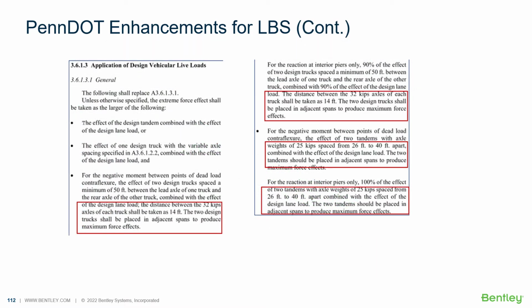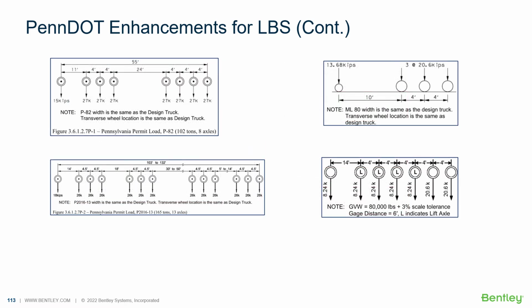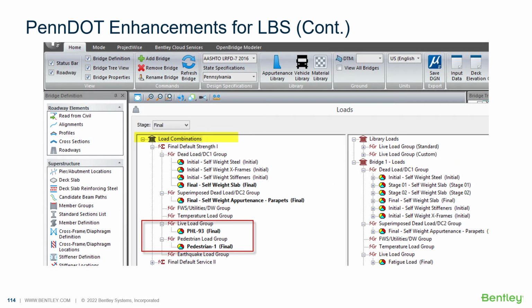And they are based, you check on their DM4, as it's called, the Pennsylvania design manual for that kind of design. There are specific trucks that they use, and how they are applied along the bridge, and they are automatically included in the load combinations in LibBridge Steel.